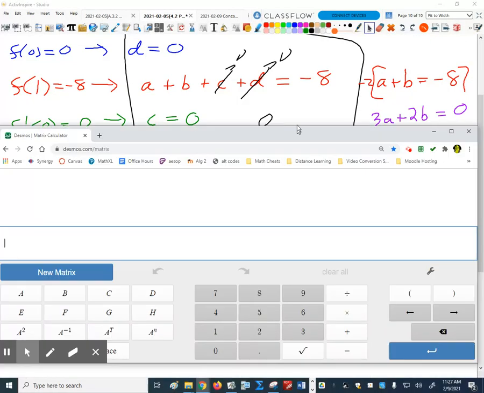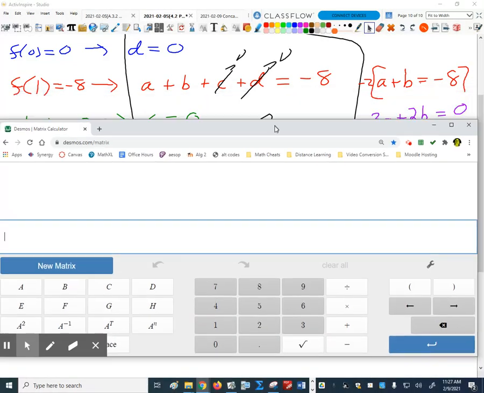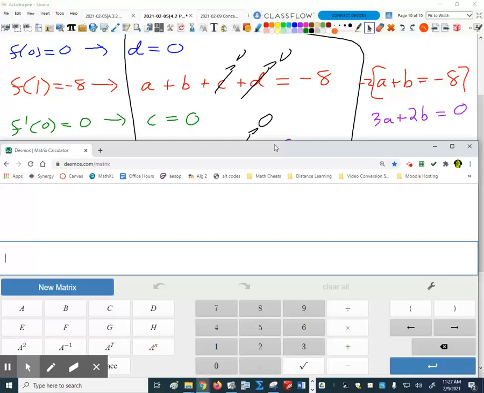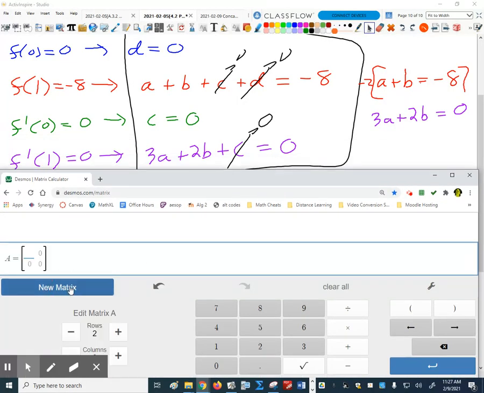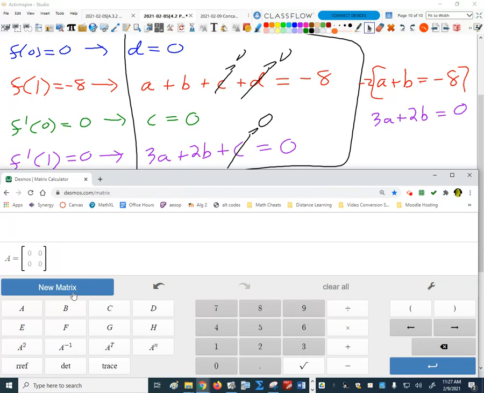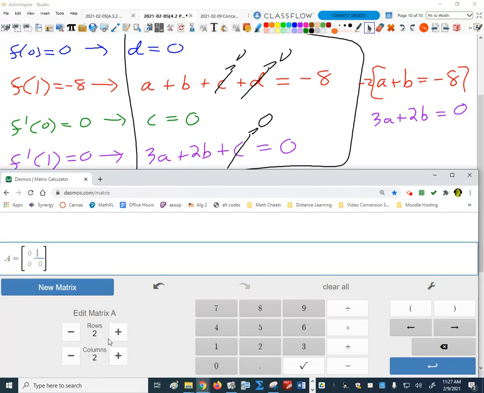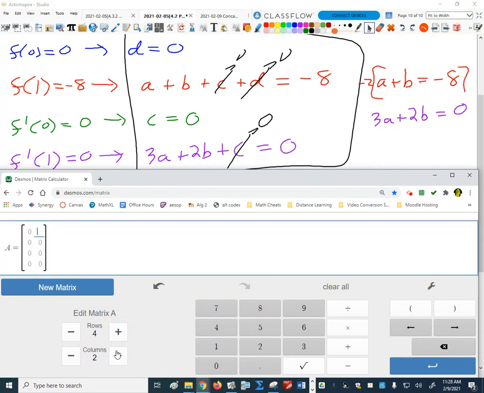We're going to go down here and do new matrix, and then we get to choose for this matrix how many rows and how many columns. Well, we said we wanted 4 rows and 5 columns, right?